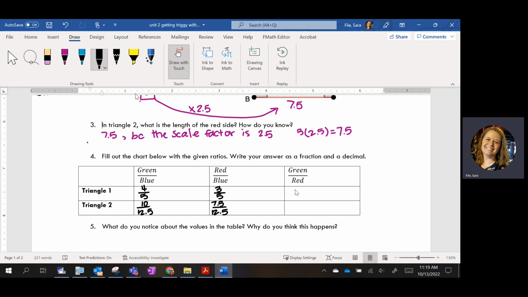All right, and then the green to red in the smaller triangle is 4 to 3. And in triangle 2, the larger triangle, that is 10 to 7.5.